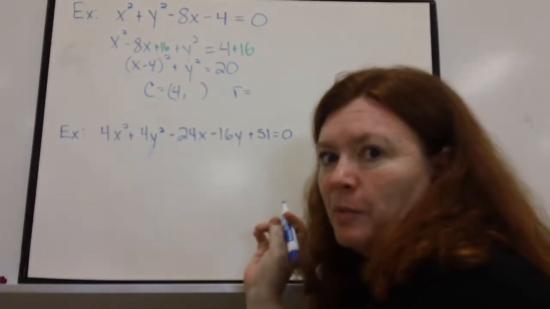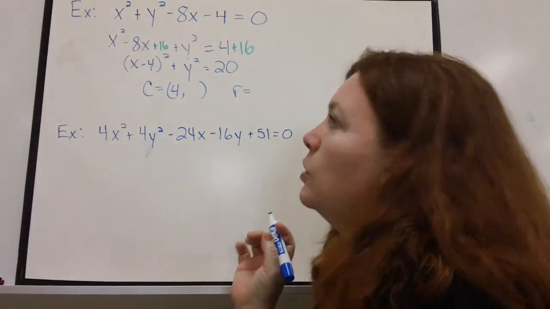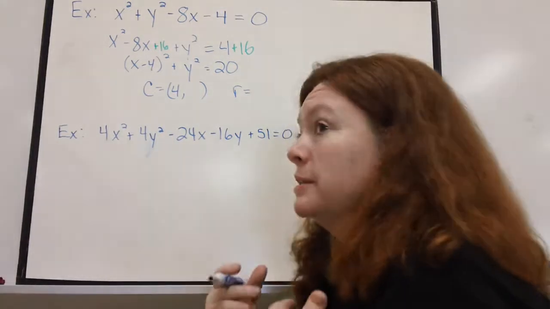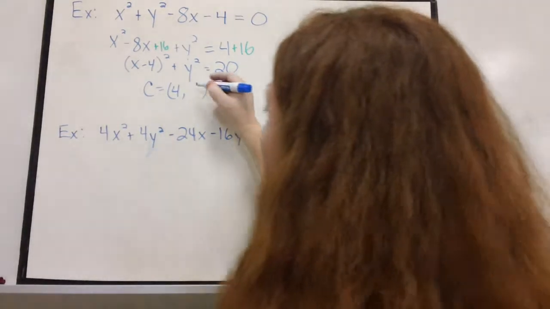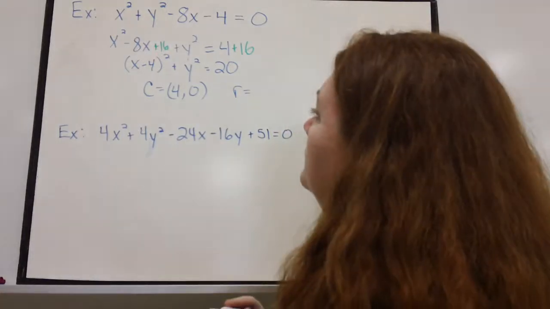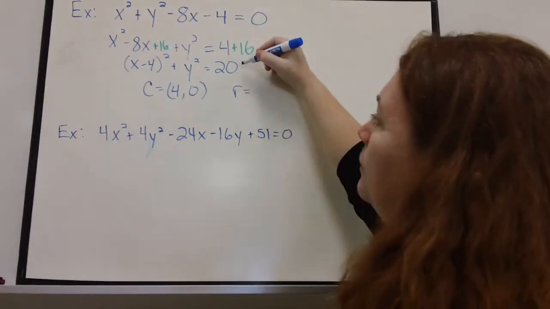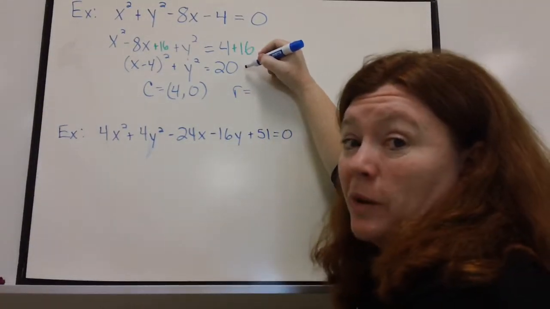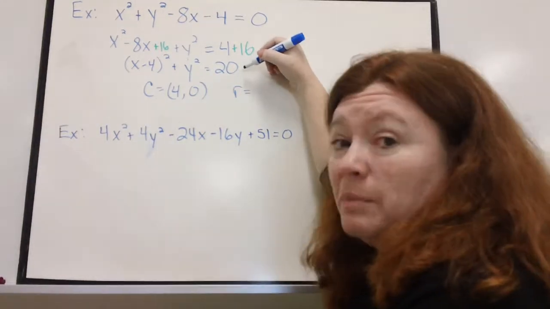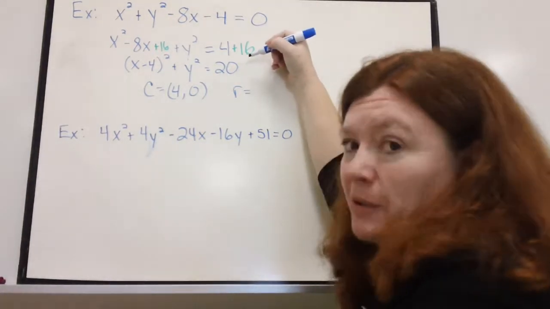This does not have a parenthesis squared, so you could think of it as y plus 0, so that would be a 0. And then for the radius, I need to take the square root of this number. It's not always a pretty number. It's not always going to be a perfect square.